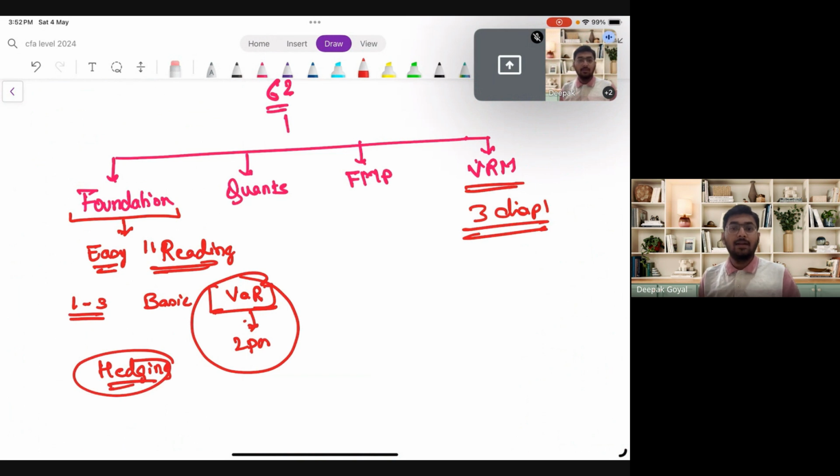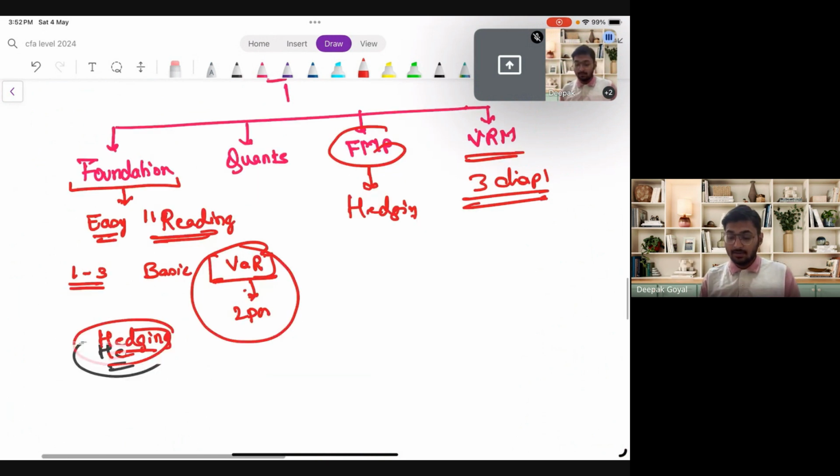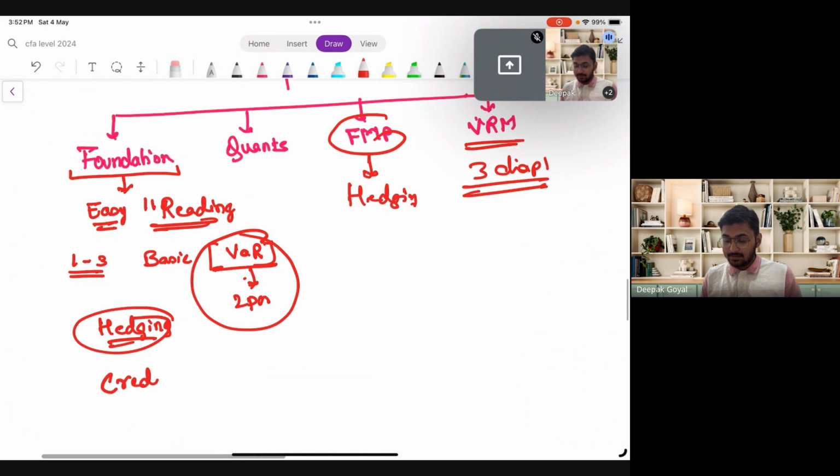Again, sir, I am unable to understand. But you know, in FMP, there is a dedicated chapter just on one term, hedging. Okay. So this is just the beginning phase where the author also wants you to understand that these are the terms which we will understand later. There is a term introduced, credit risk, in the foundation first chapter. But you know, in part 2, there is a book on it, credit risk.